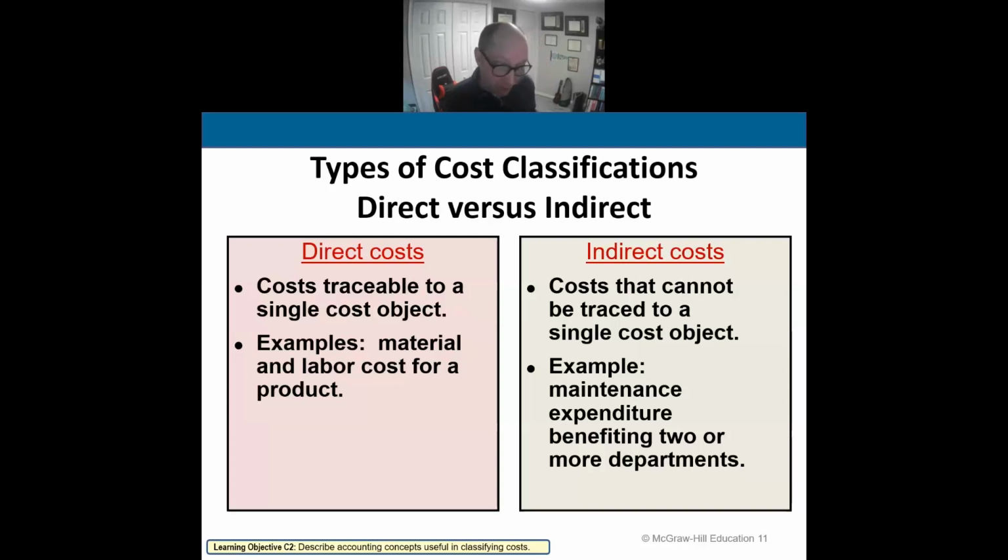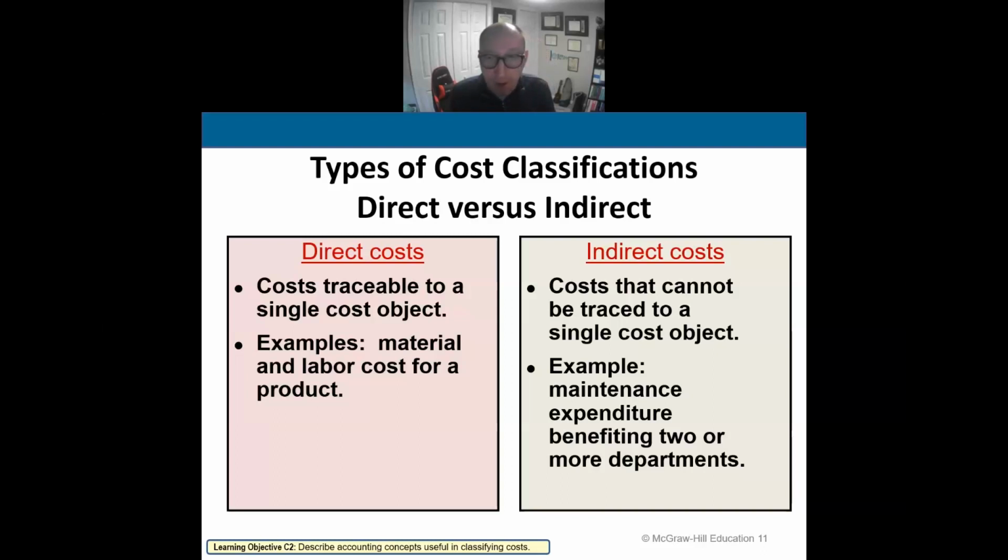I can't directly trace the maintenance for the building to a car, right? Indirect costs would also include things like depreciation expense of the building. I can't directly trace that to one single car. Another example would be insurance expense for the building. I can't directly trace that.